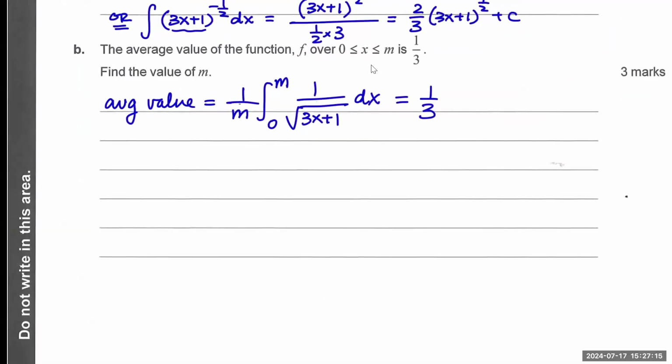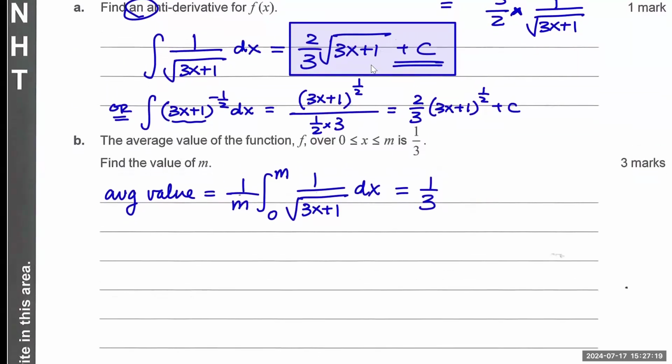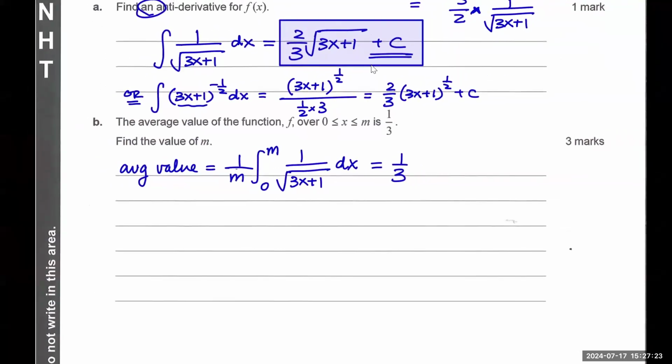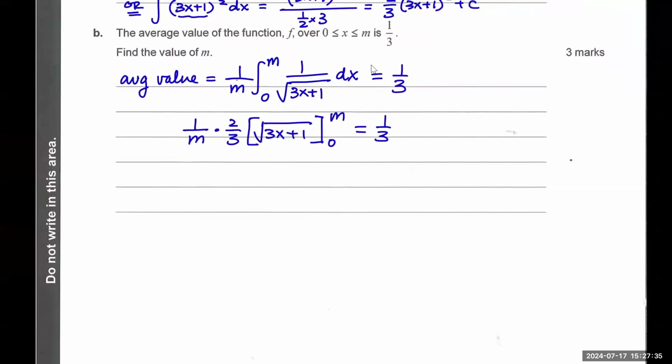And what you can actually do is reuse the antiderivative from part A instead of integrating again. Because all you need to do is 1 over m times 2 on 3, square root 3x plus 1 from 0 to m equals 1/3, okay? And you can multiply both sides by 3m.